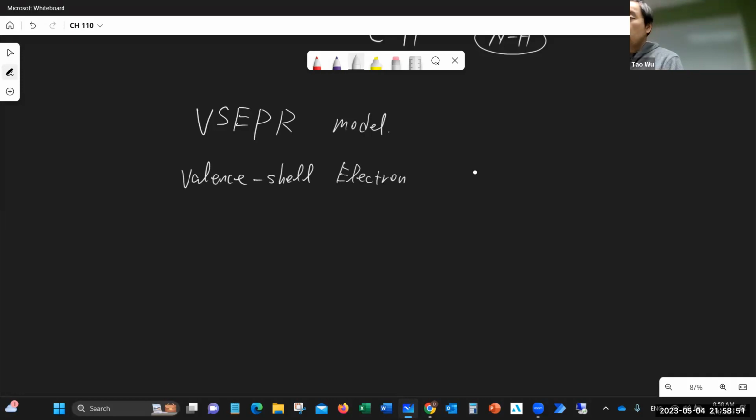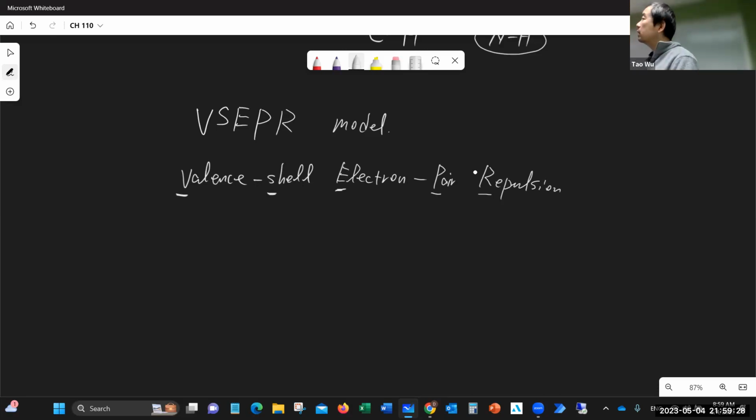Valence shell electron pair repulsion. Valence shell generally talks about the shell in the atoms outside of the electrons, and the electron pair repulsion. So that's why they call it VSEPR. So generally we're talking about balloons.